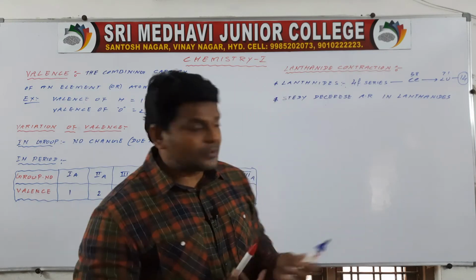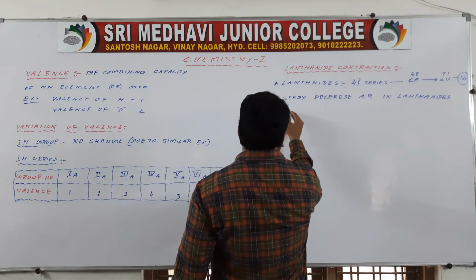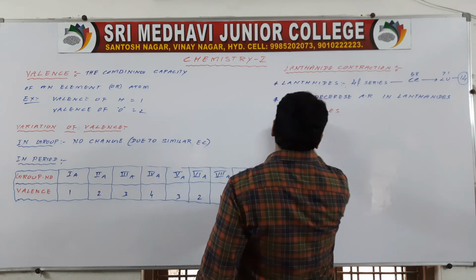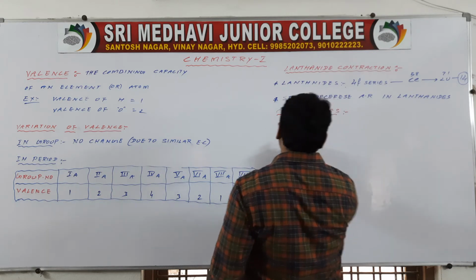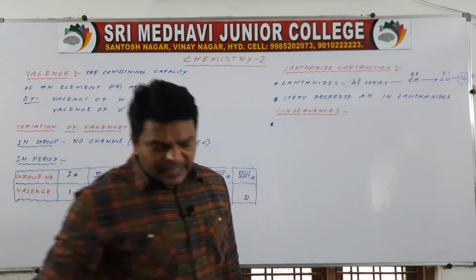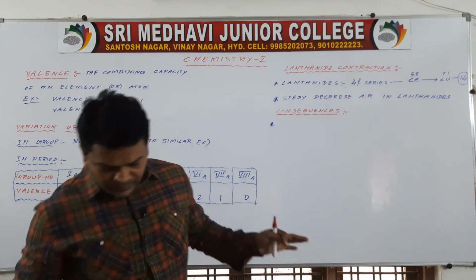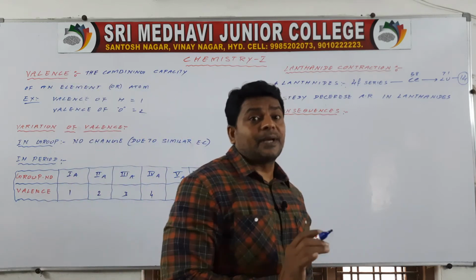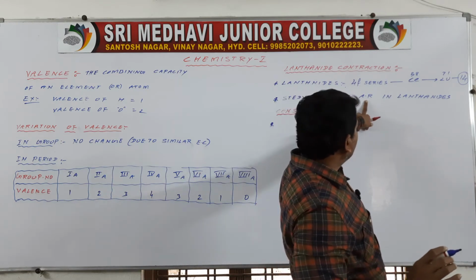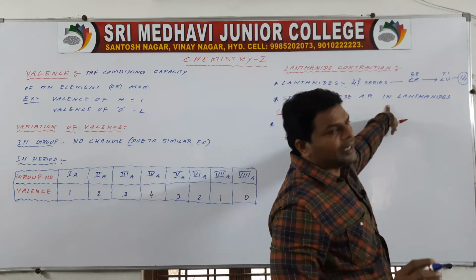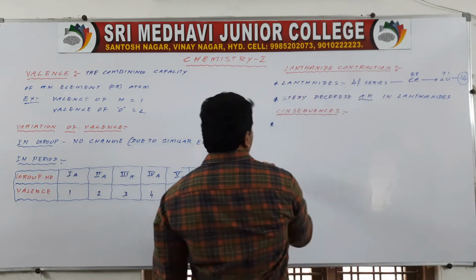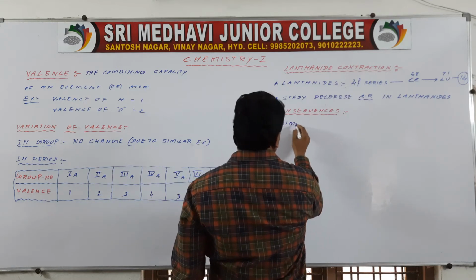Due to lanthanide contraction, some consequences arise in the elements. What are the consequences? First, all lanthanides have similar chemical properties, due to the steady decrease of atomic radius in lanthanides.